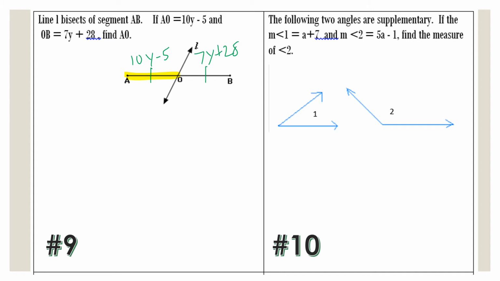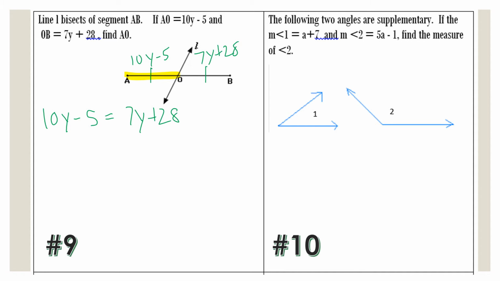Okay, so we know that each piece is congruent to each other, so that means that we can set them equal to each other to find our y, because without our y, we're not going to be able to find a number or the measure.